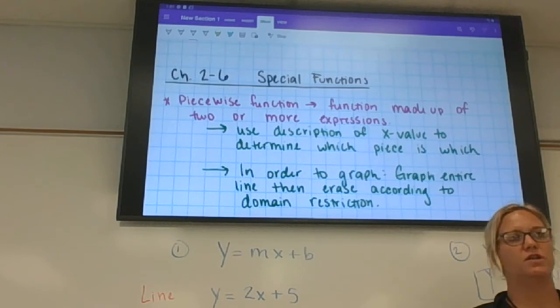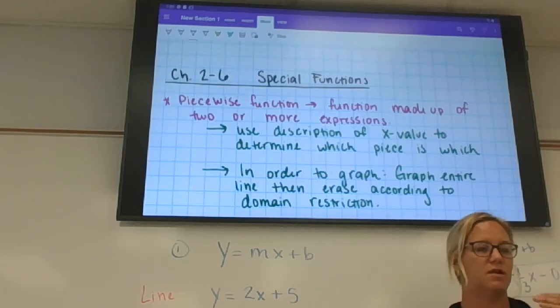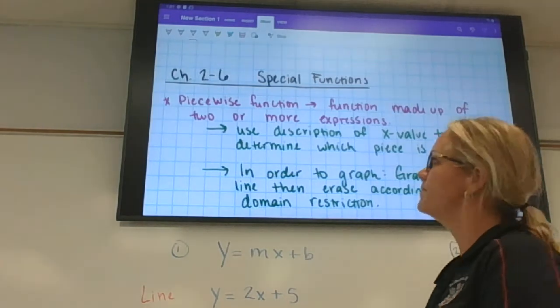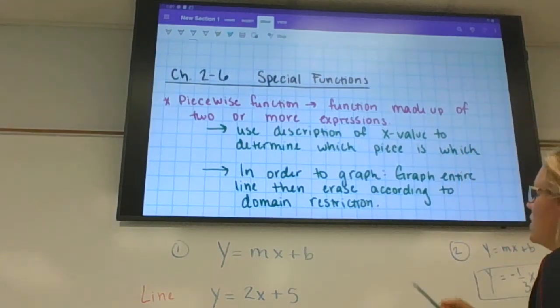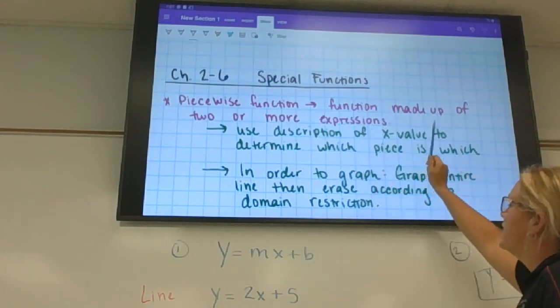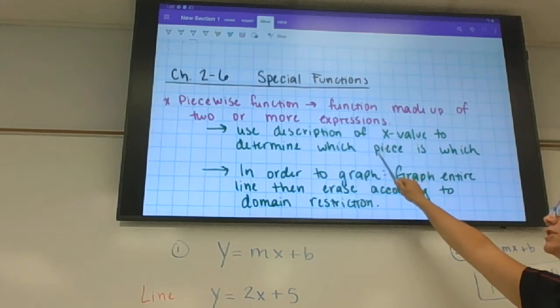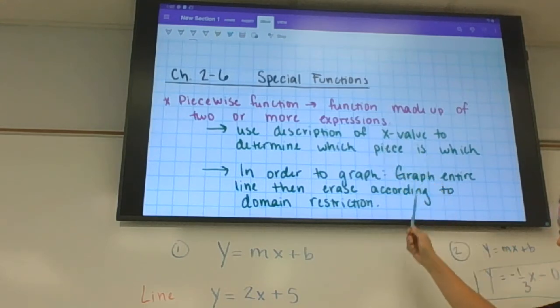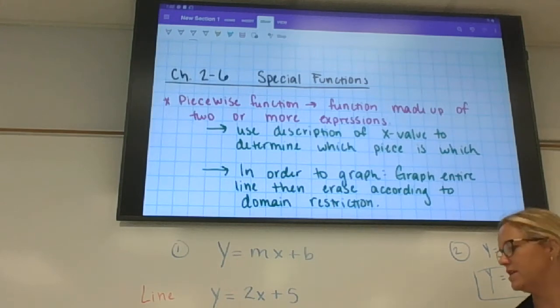It's just a function broken into pieces, several pieces on one graph. So you use the description of the x value to determine which piece is which. The if statement in the piecewise function that tells you how x is restricted is how you figure out what you're looking at. You really have to focus your attention on the x-axis.